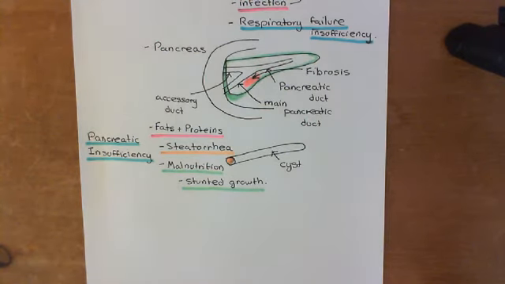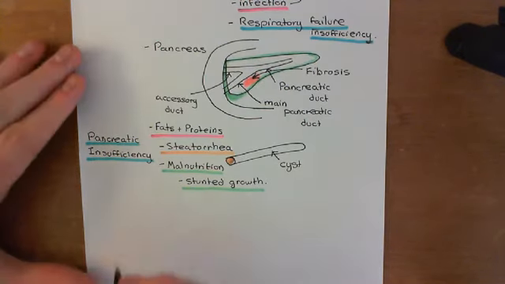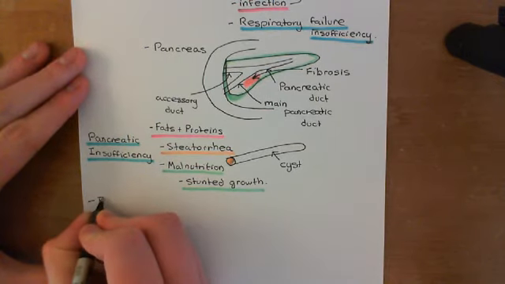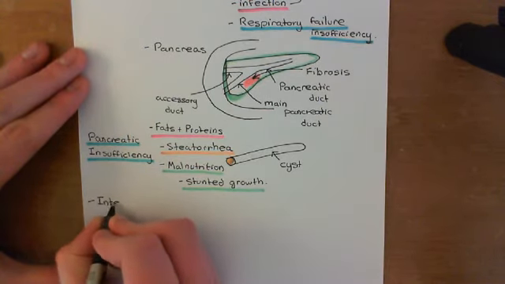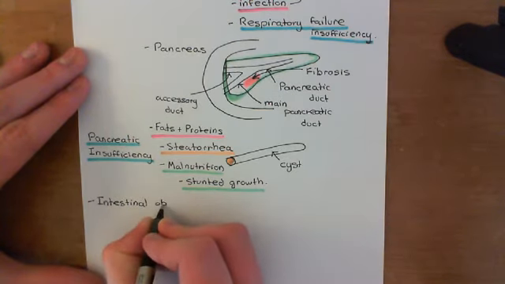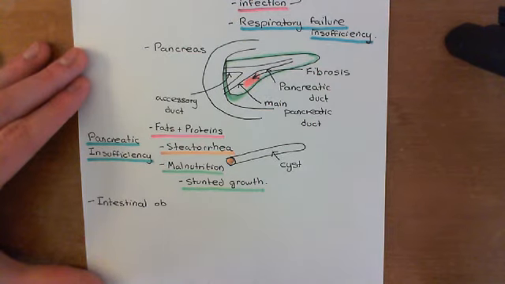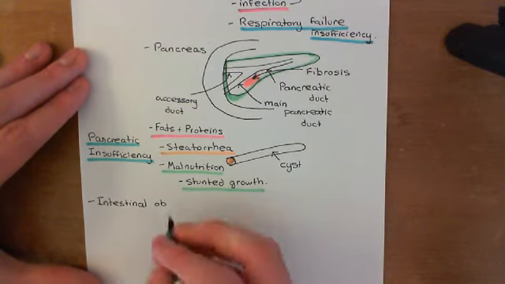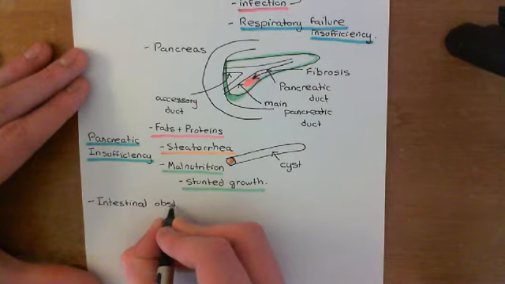Okay, right. The next symptom that I want to talk about is that you can end up getting intestinal obstruction. Again, the surface of the intestine secretes mucus, and this mucus needs a fluid. Now, if you have cystic fibrosis and you have a double loss of function mutation in the cystic fibrosis transmembrane conductance regulator genes, then you end up with far too viscous mucus being produced on the surface of the intestine.